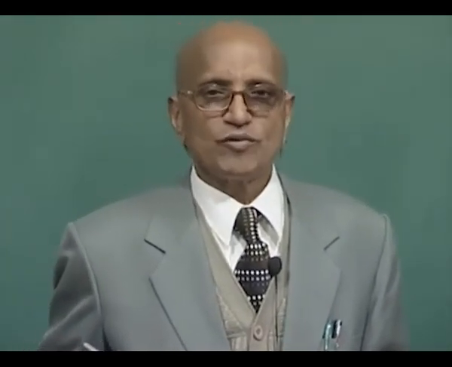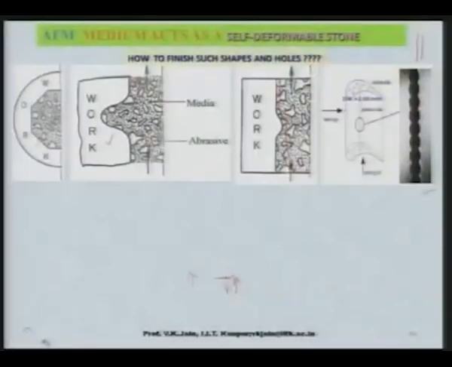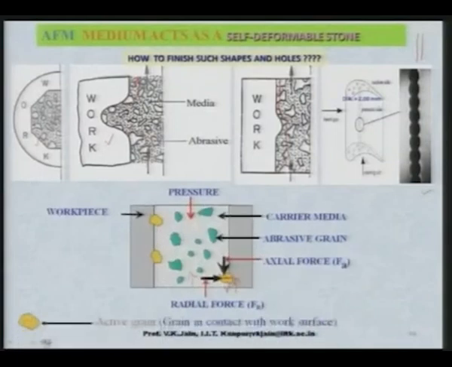If they have a very rough surface, then losses will be very high. So, a controlled surface roughness value of these cooling holes is required, and AFM or AFF is the only process which can give you controlled surface roughness value of such features.